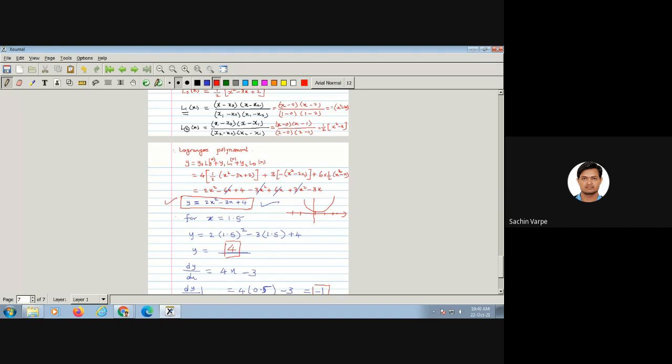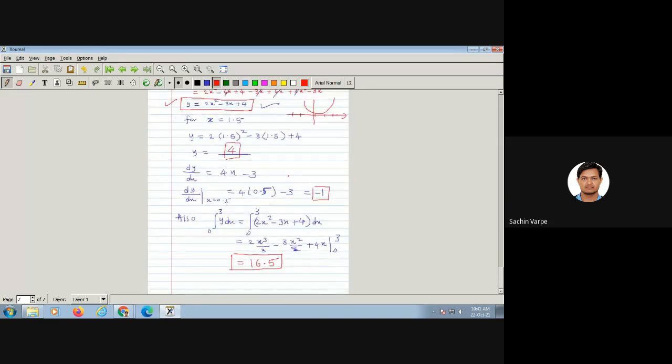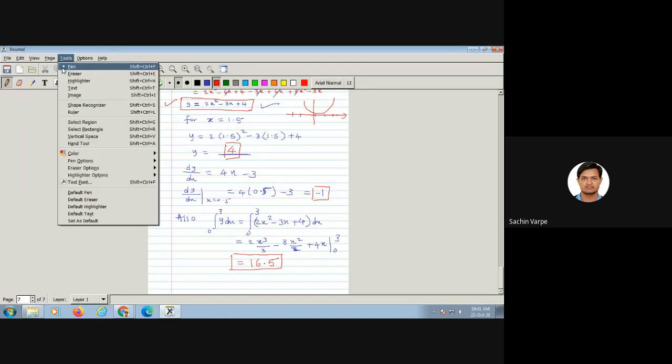Always remember, because you will definitely need this technique in your further study, like if you are going for MTech or any PhD work, or even any practical application. So you should know these techniques from numerical methods. So let's have one more.